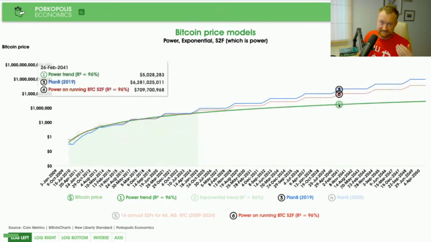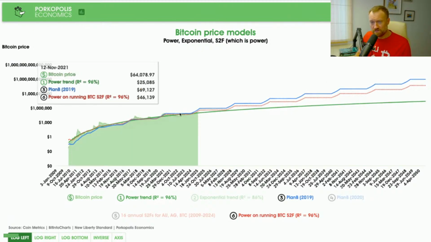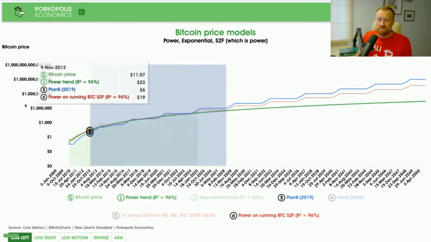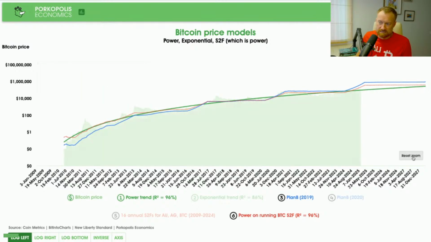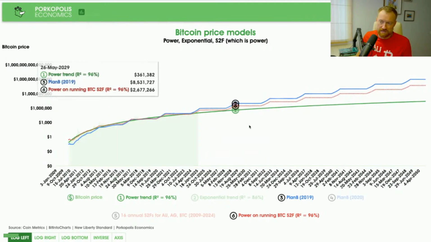So if anything, the continuous running, ongoing stock to flow of my red dotted line is better. Still a 96% R squared, by the way. And again, that just means that the price moves around this red line better than it moves around the average, with less variance 96% of the time. Absolutely true. Absolutely clear. But at some point, you just got to use the eye test. You got to use simplicity to see that Bitcoin is really following a power curve.